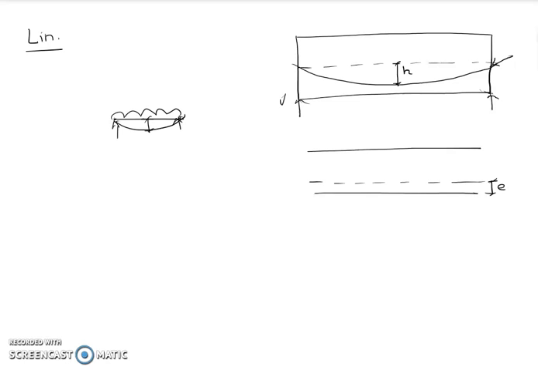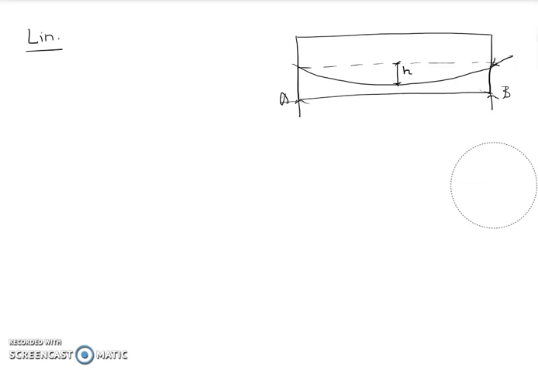So this point is A, this point is B, and the tendon is provided here with H. So this is a parabolic tendon.